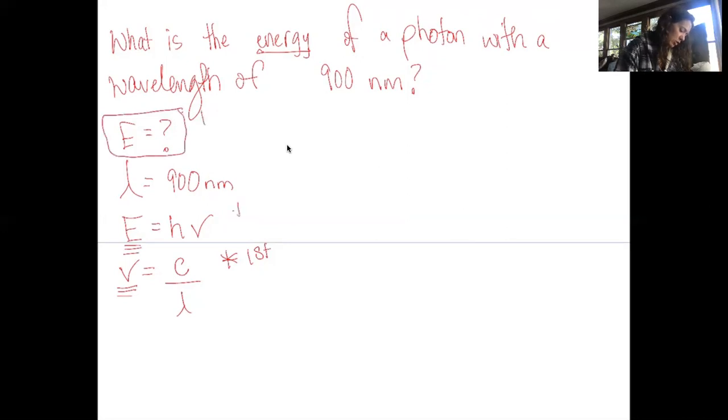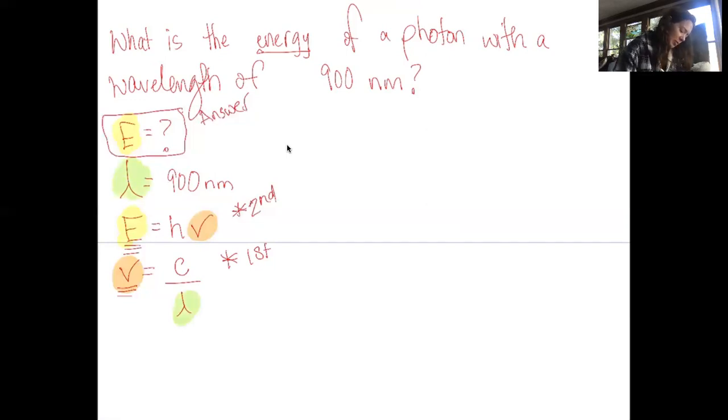First, second. And it's going to give me the answer, right? Because the answer here is energy. But in order to get the energy, I need the frequency. Remember, I know H. And I can get the frequency by using my wavelength, right?